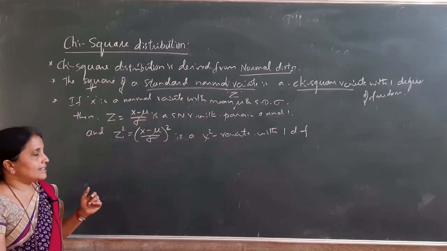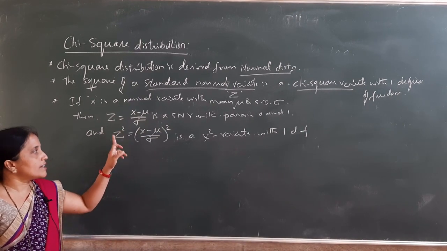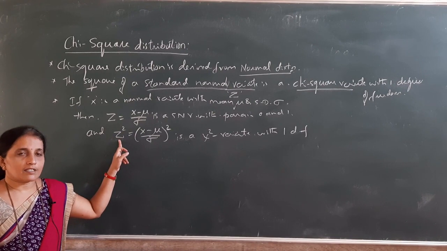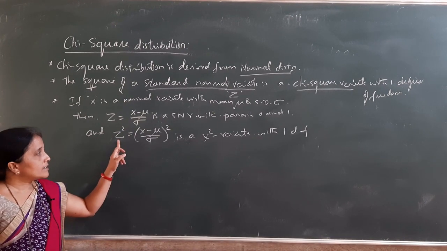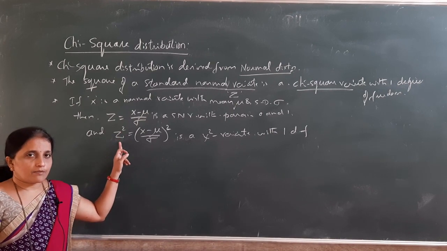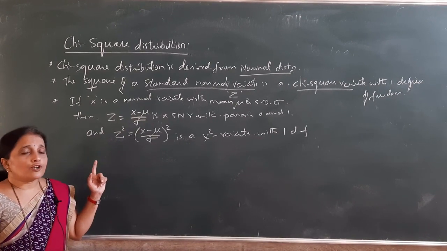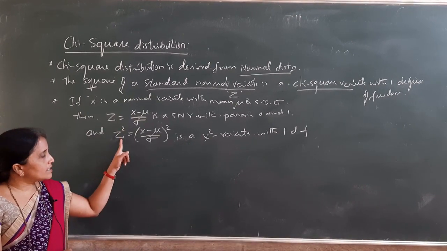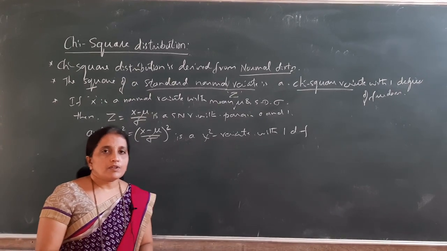Or we may ask like this: what is the distribution of the square of a standard normal variate? Standard normal variate means Z. So, the distribution of the square of a standard normal variate is a chi-square distribution with 1 degree of freedom.